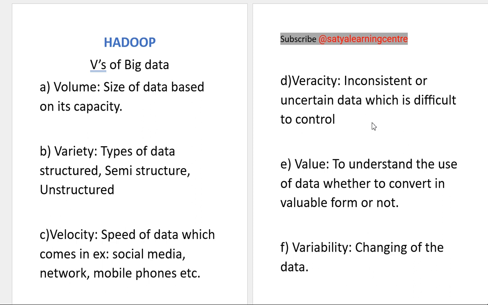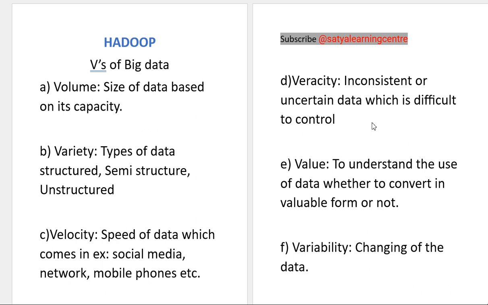Earlier we used kilobytes of data, megabytes, gigabytes, terabytes, and exabytes. So there are huge kinds of data and they need a lot of storage capacity. When we talk about the size of data and how much space it requires to store the data, then we are talking about the volume of the data.